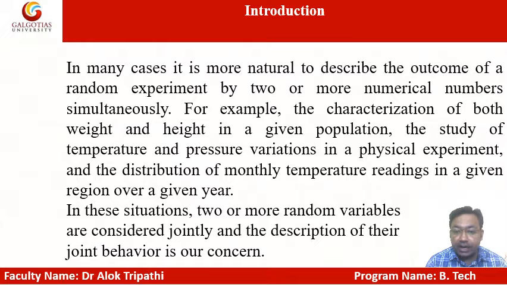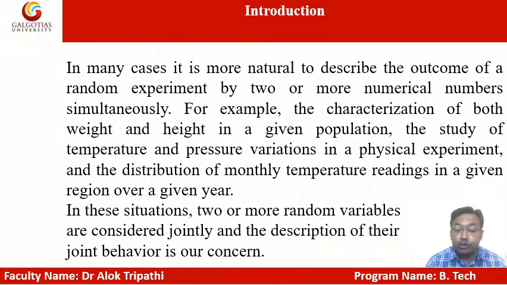Our study of random variables and their probability distributions in the preceding lectures is restricted to one-dimensional sample spaces. In that, we recorded outcomes of an experiment as values assumed by a single random variable.